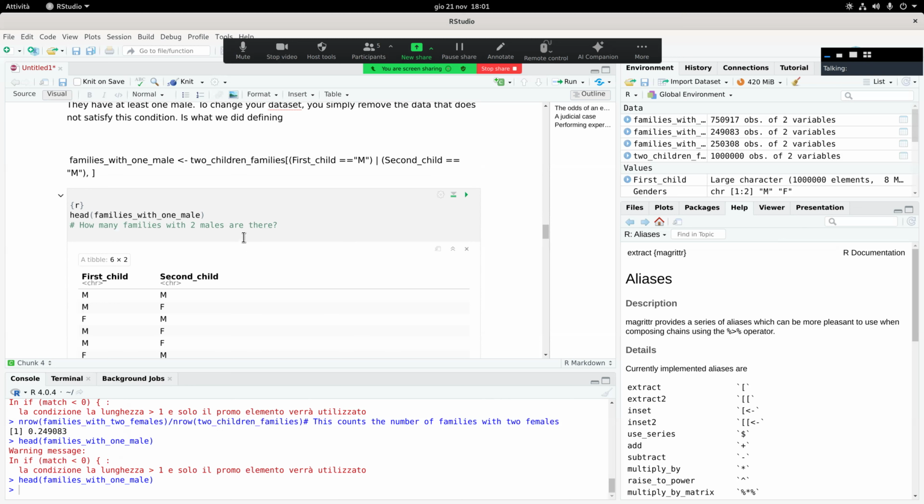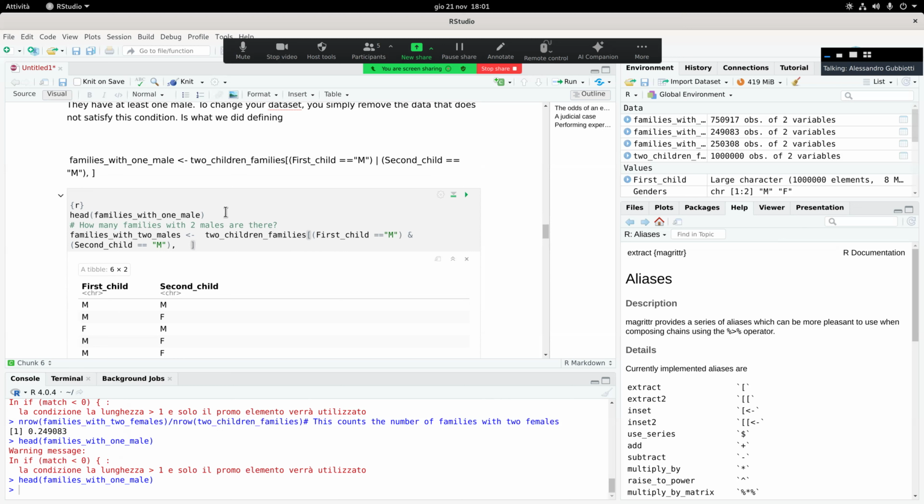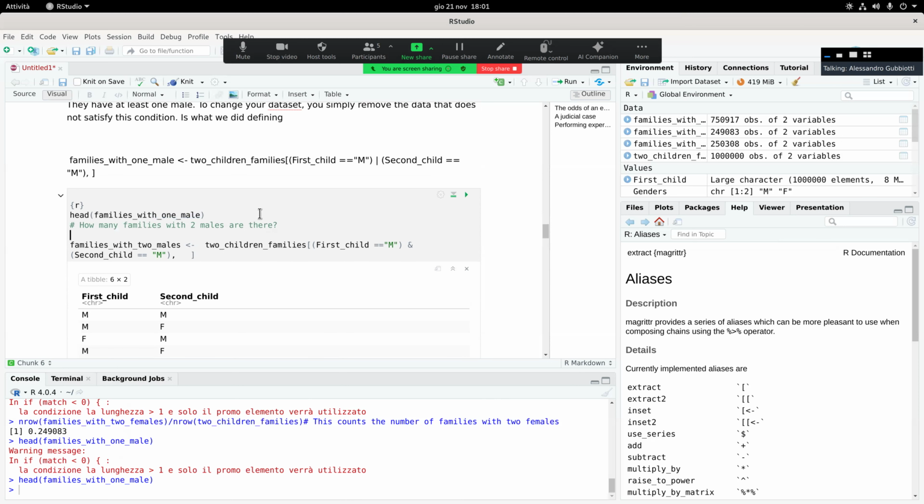So maybe it's better to do it this way. Let's define the new data set. The new data set is the families with 1 male. And then from this one, we want to see how many of them have 2 males. So let's take this new data set.